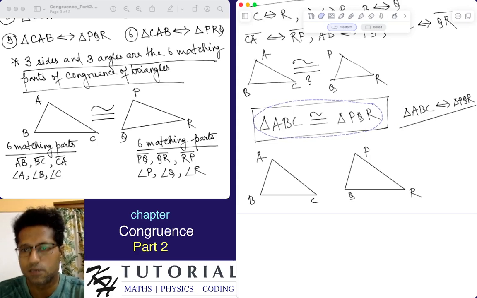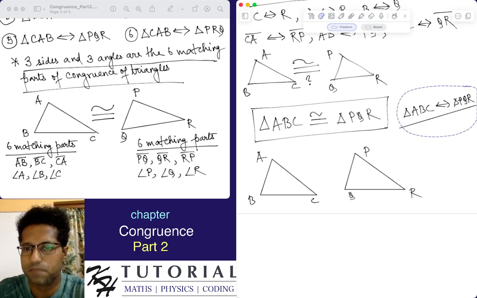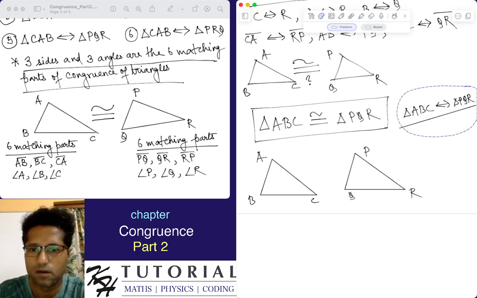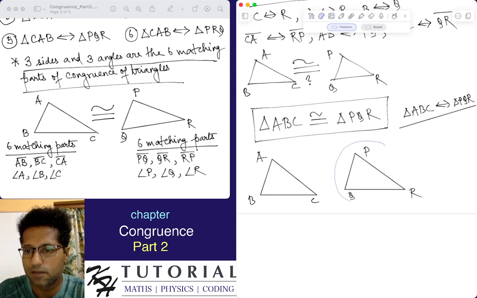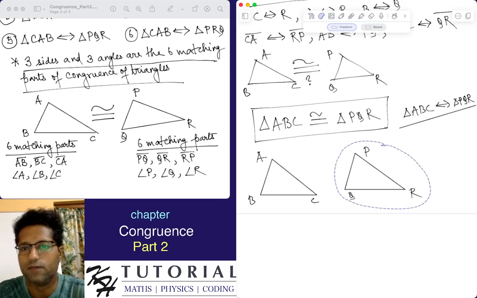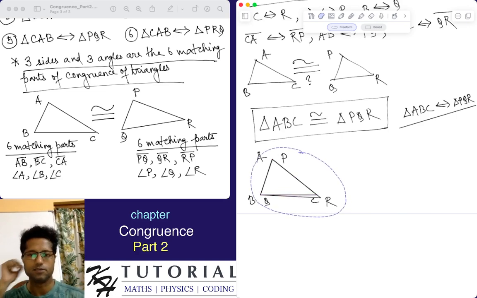This automatically means that I am trying to verify the congruency under this mapping, which means that I have to place the vertex P of triangle PQR on top of the vertex A of triangle ABC, and I have to place the vertex Q of triangle PQR on top of the vertex B of triangle ABC. This is the mapping under which I have to verify the congruency. So I will try this. I will try to place the P, and I see that it is not congruent because the vertex R and C are not mapping properly.